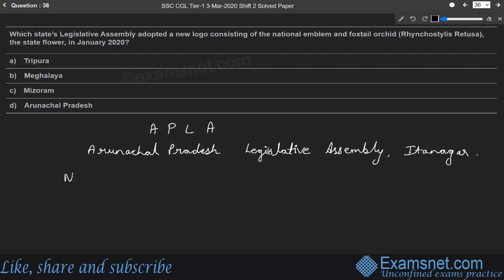The new logo consists of three different parts. First part is the national emblem. This part in the logo signifies the federal system of the Indian Constitution.